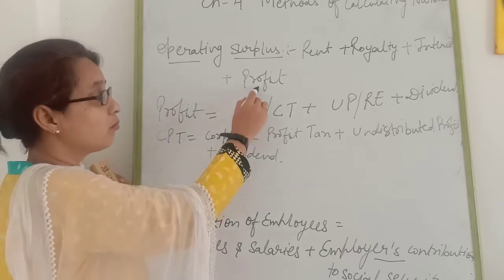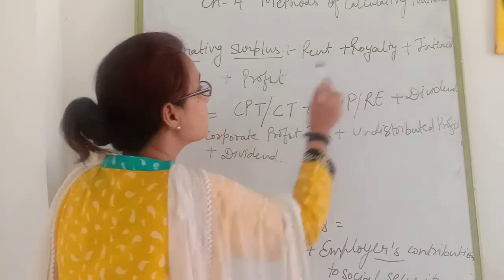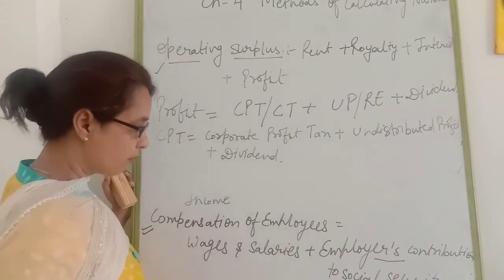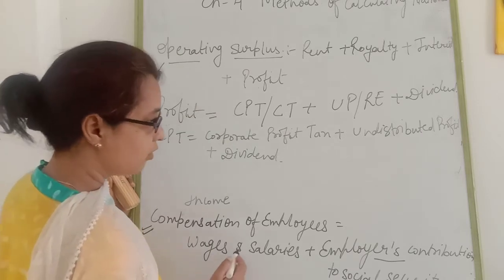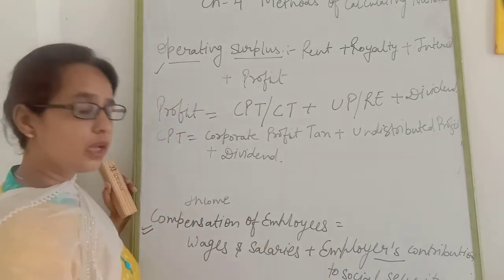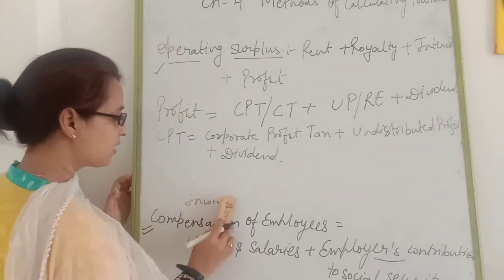After calculating profit, we add it with rent, royalty plus interest plus profit, and we find out operating surplus, which we use while calculating national income from income method. Now the last step, that is mixed income.